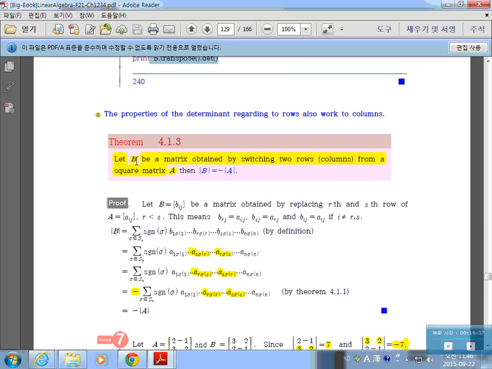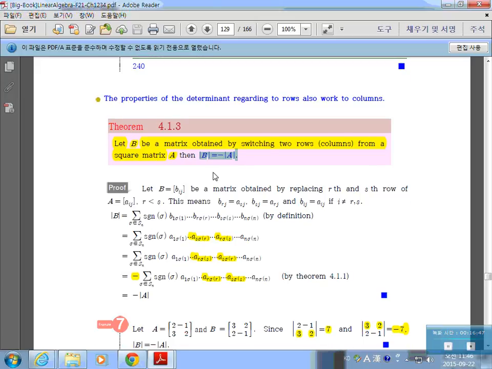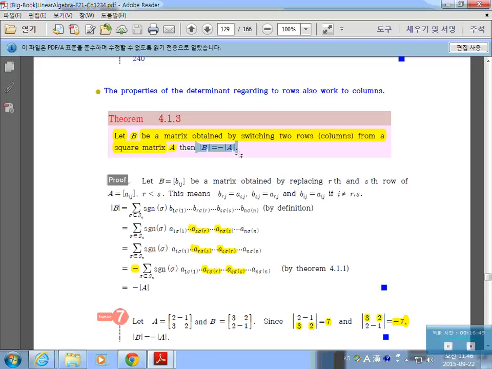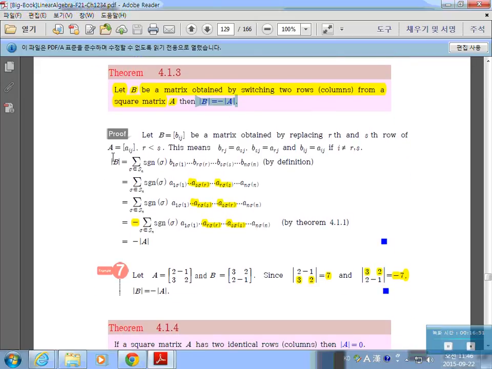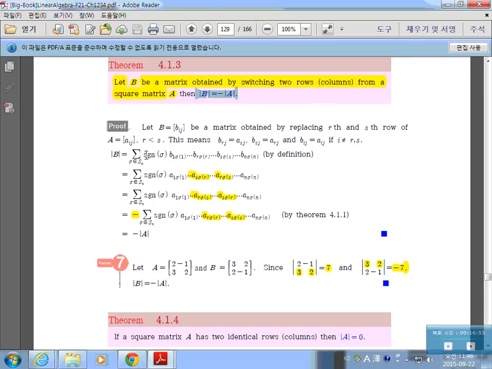Next, let B be a matrix obtained by switching 2 rows of a square matrix. Then on the determinant, only the sign changes. The reason is from the definition. If we choose the matrix B like this, then it can be written this way.